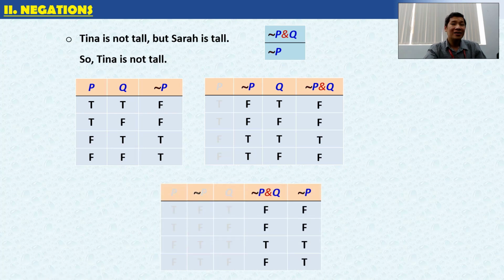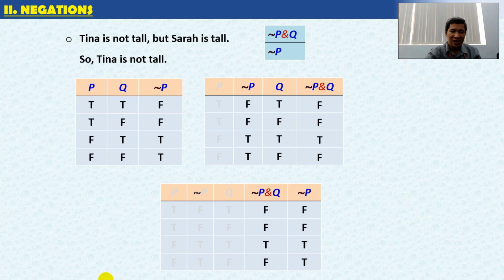Now I make another table for you to analyze. We have the premise on the left and the conclusion on the right. Not P and Q, and then not P. Valid or invalid? What do you think? We have just one premise.